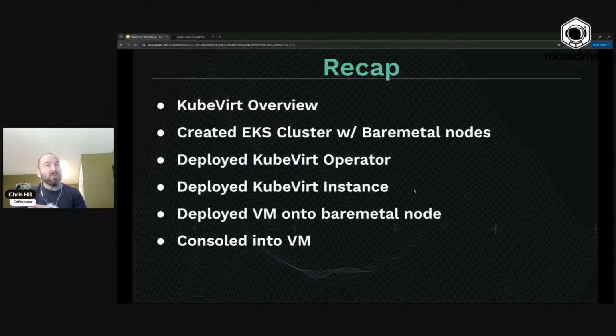We deployed the KubeVirt operator so that we could register the KubeVirt resource with it. We then deployed a KubeVirt instance using that resource, which then registered all of the other resources that we need as well. And then we deployed the VM into that Kubernetes cluster using KubeVirt and running on that bare metal node. And we consoled into that VM.